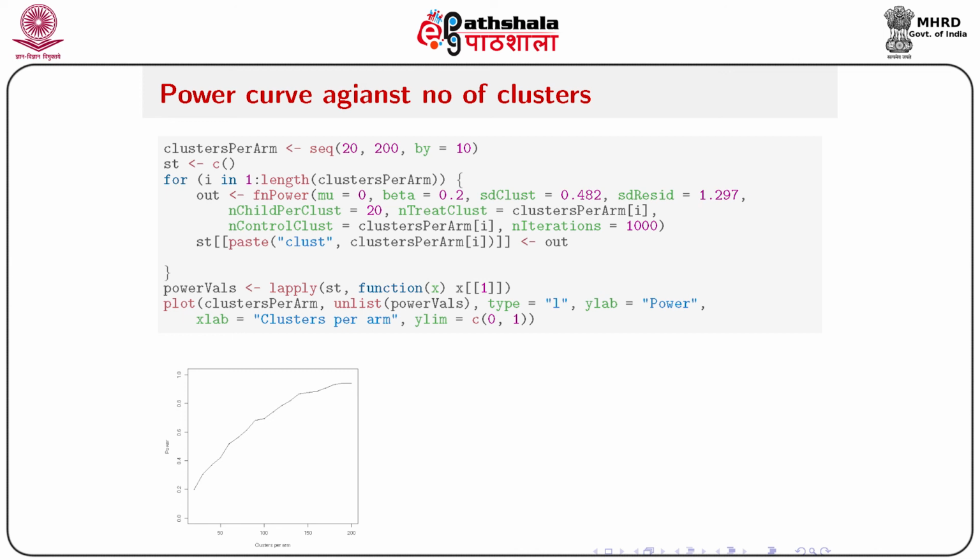Then cluster per arm is plotted against the power values, with this ylab and this xlab, from 0 to 1, and this is the power function.